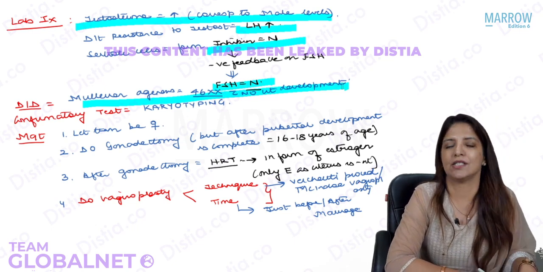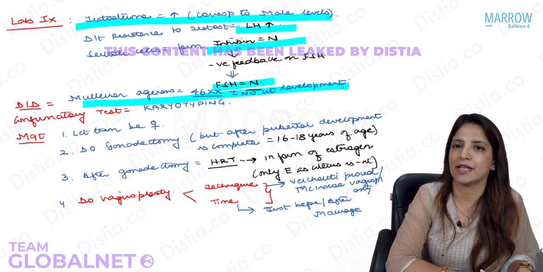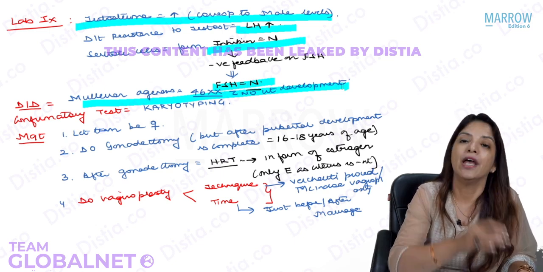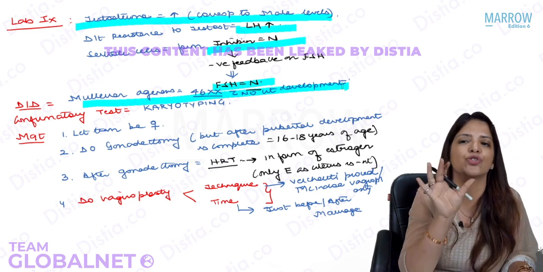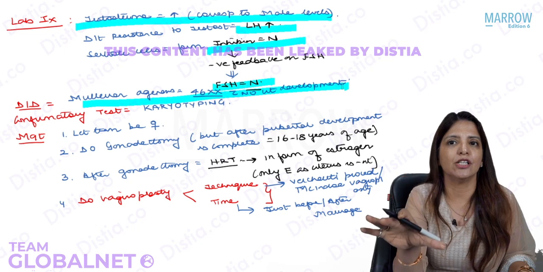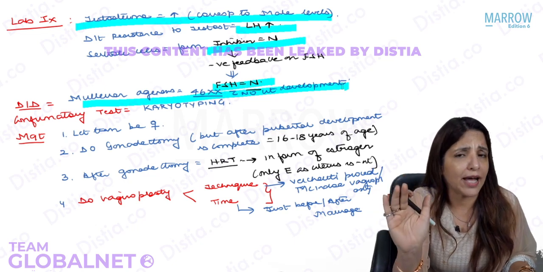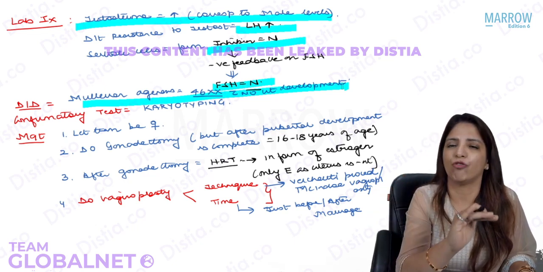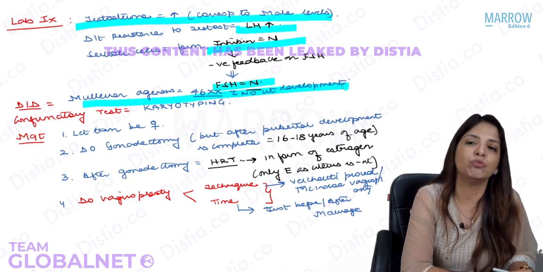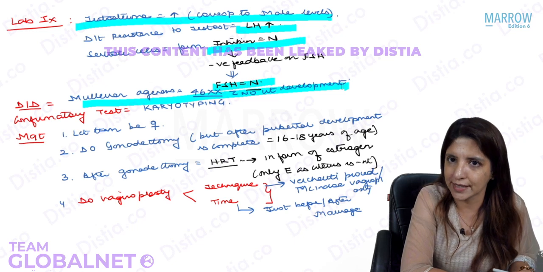Mullerian agenesis and complete androgen insensitivity syndrome are very close differential diagnoses of each other. In both these conditions, uterus is absent, and in both these conditions, the external genitalia are exactly female-like, and the patient is coming to you with a complaint of primary amenorrhea. This was the reason I did not tell you Mullerian agenesis in 46XX DSD.